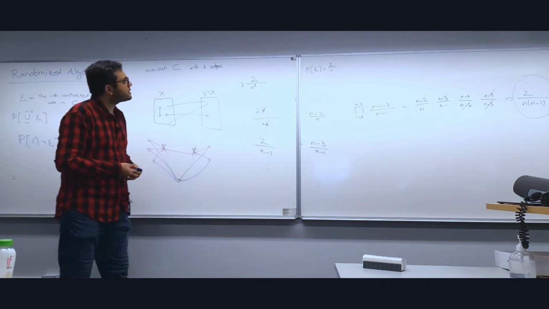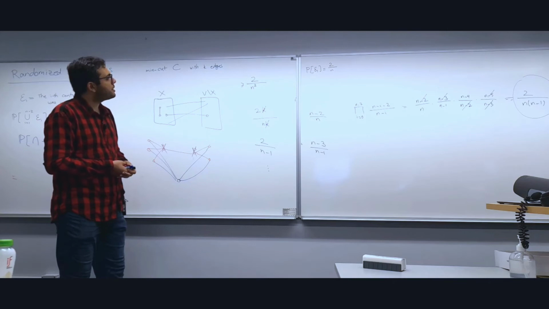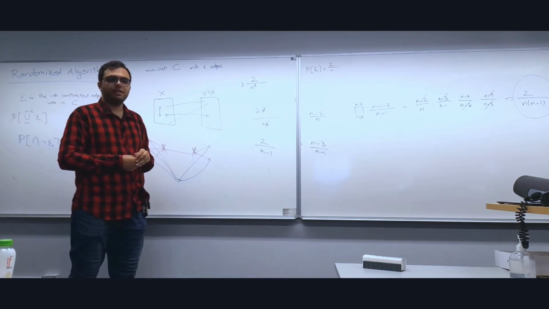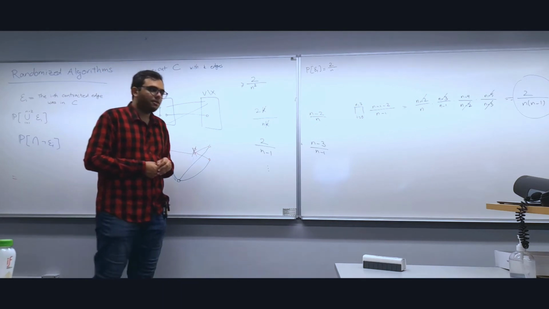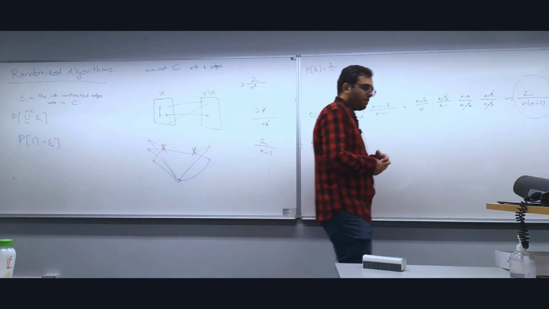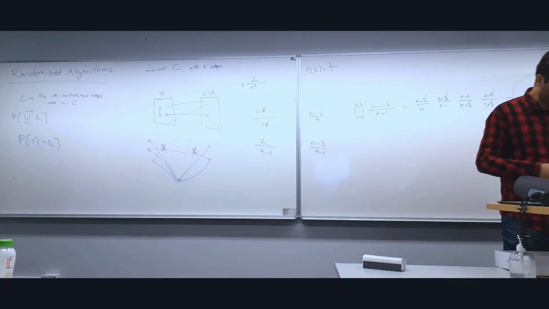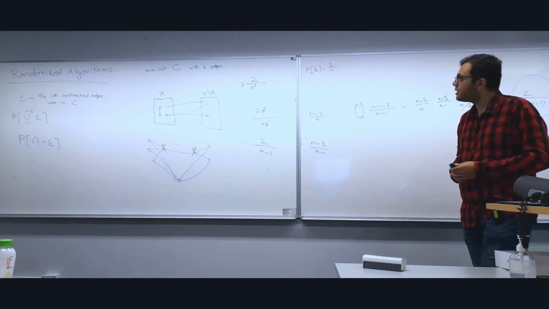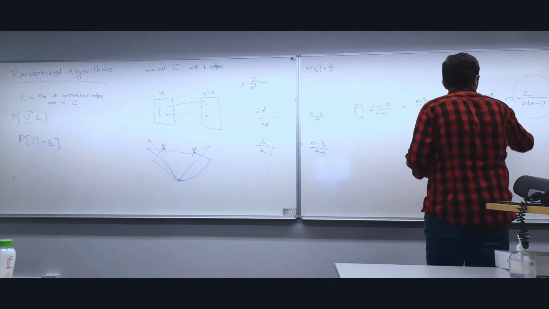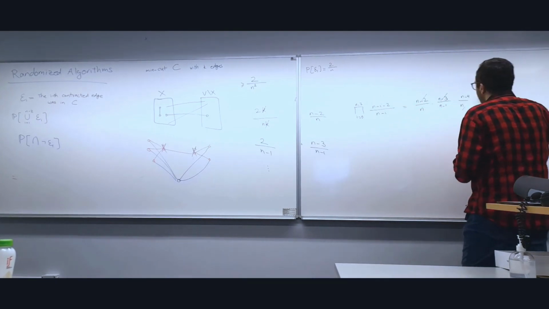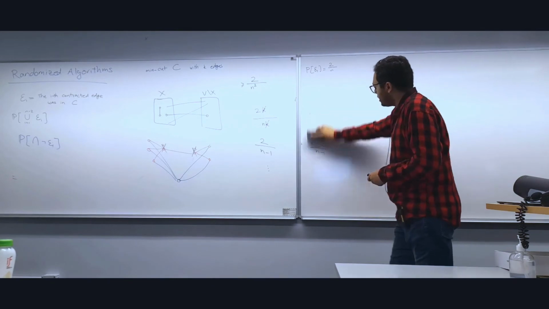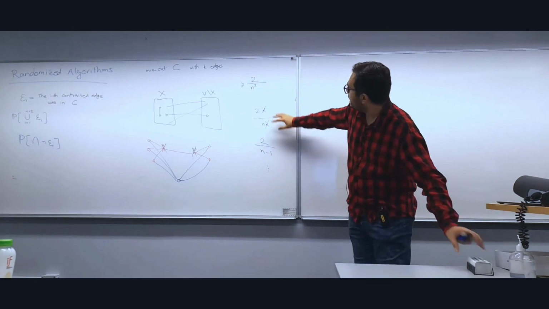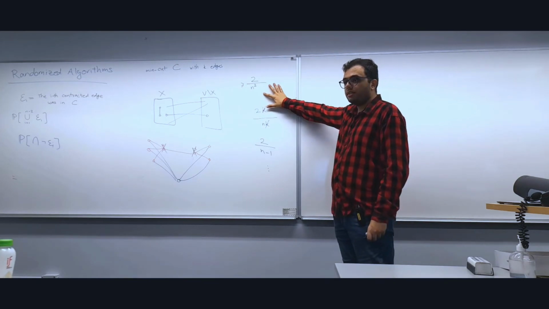So what happens if I just run my algorithm n squared divided by 2 times? Okay, so what would be the probability that I get the best solution there? So I have an algorithm, and every time that I'm running it, the probability that it gives me the best possible solution is at least 2 over n squared.